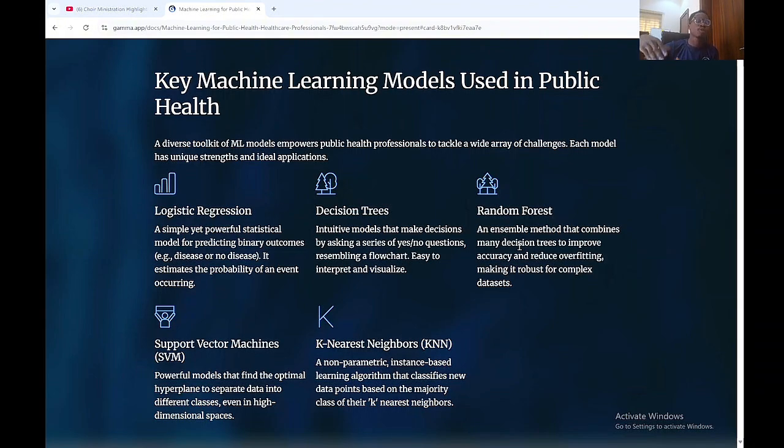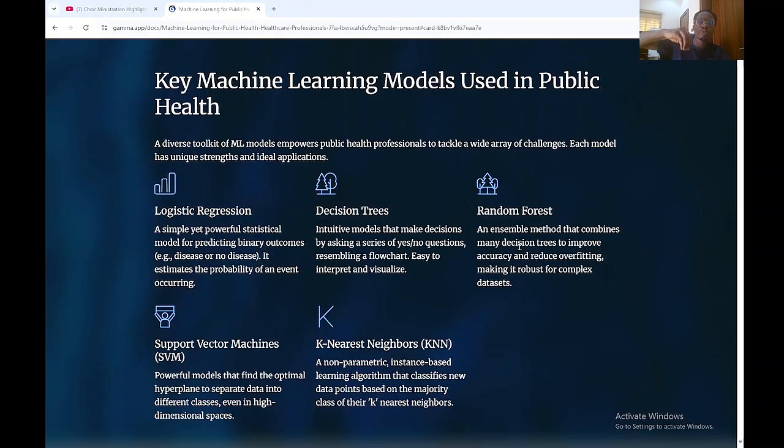For that, there are diverse toolkits that empower public health professionals to tackle a wide array of challenges, and each of these models has its unique strengths and ideal applications.